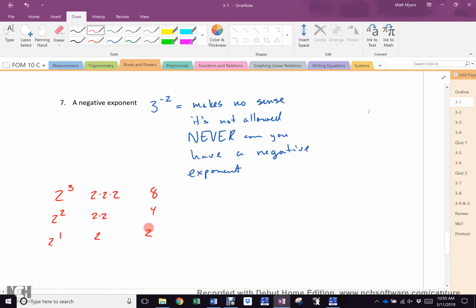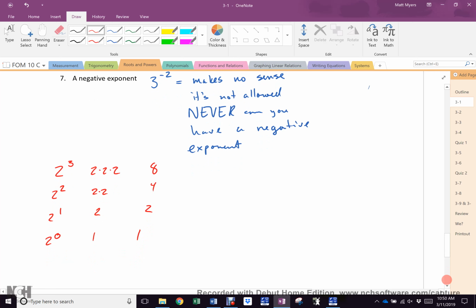Everyone still cool? And then what's 2 to the 0? 1. Right? And 2 divided by 2 is 2 over 2, which is 1. Is everybody cool to there? Now, you're intelligent young people. Even if you haven't seen negative exponents, what would be the next logical exponent in this line? 3, 2, 1, 0. Negative 1. Now, this, we know, makes no sense, correct? But if something happens in math, what's happening?